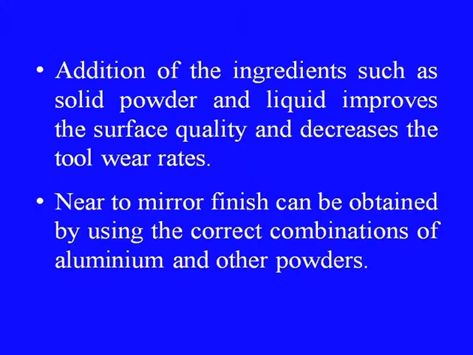Therefore, it is particularly suitable for die making processes, etc. Adding powder of materials such as silicon in the dielectric improves the material removal rate and surface finish considerably. Addition of ingredients such as solid powder and liquid improves the surface quality and decreases the tool wear rates.